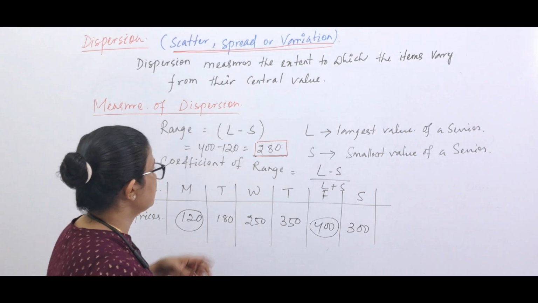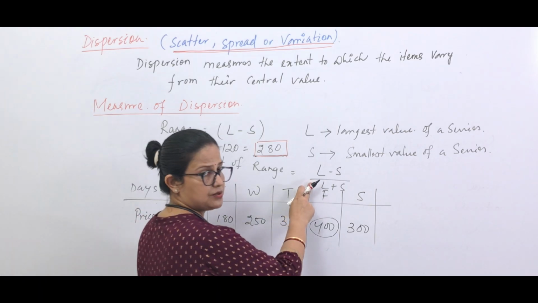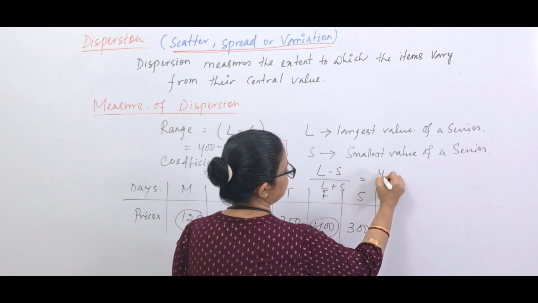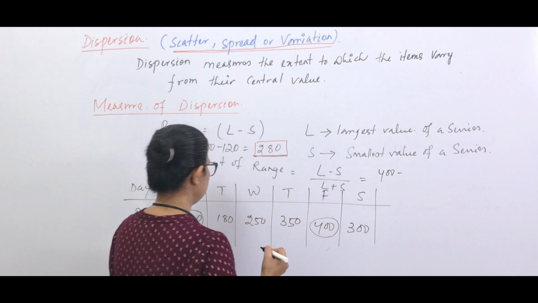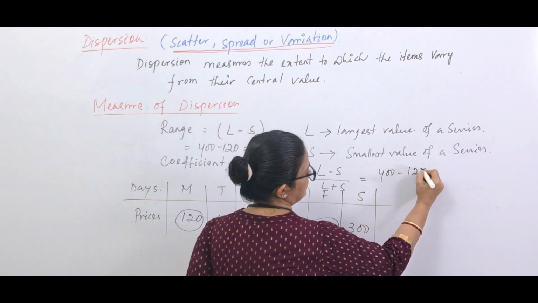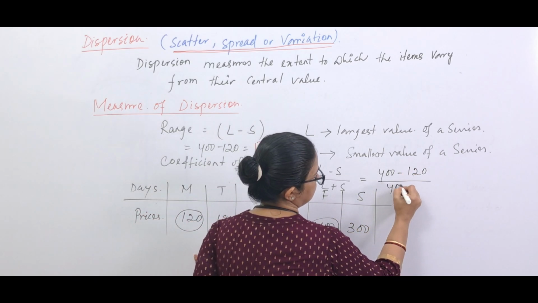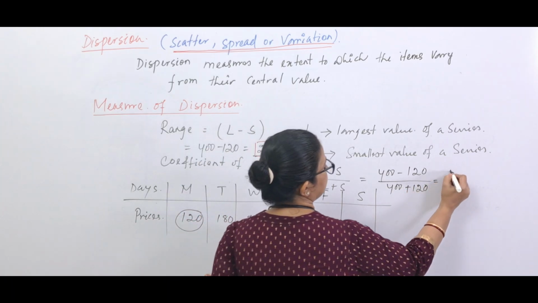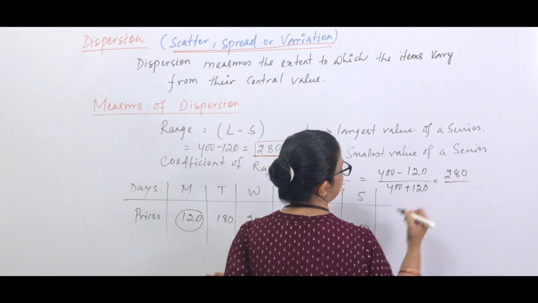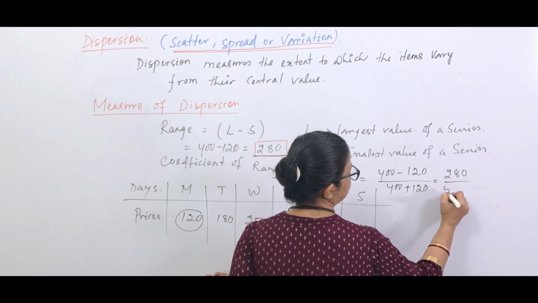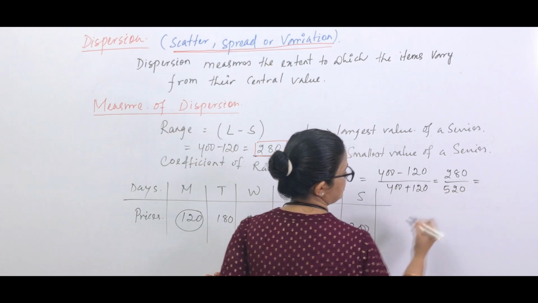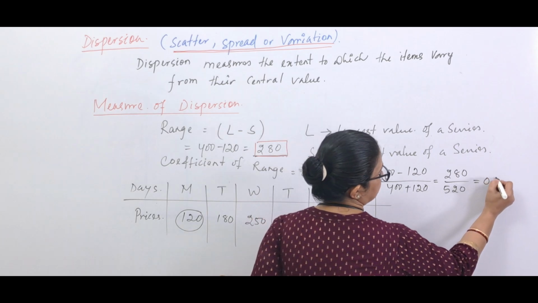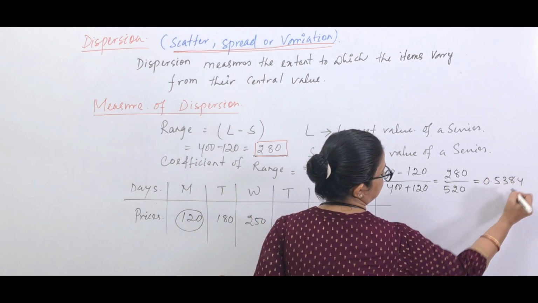Now what is the coefficient of range? Coefficient of range equals (L minus S) divided by (L plus S). We can write (400 minus 120) divided by (400 plus 120), which is equal to 280 divided by 520, which is equal to 0.5384.